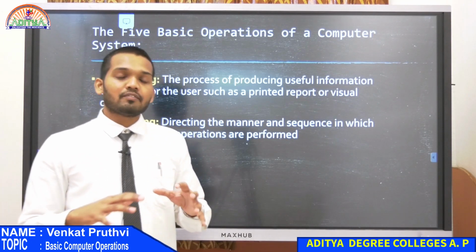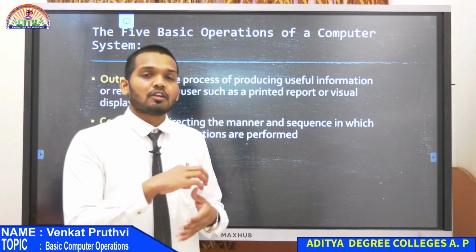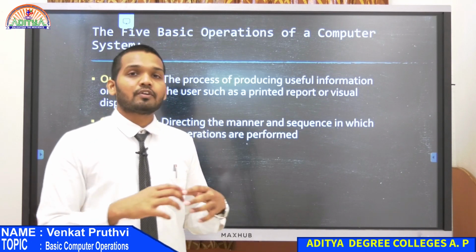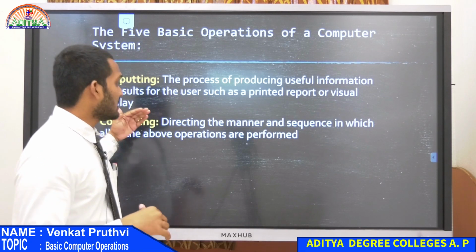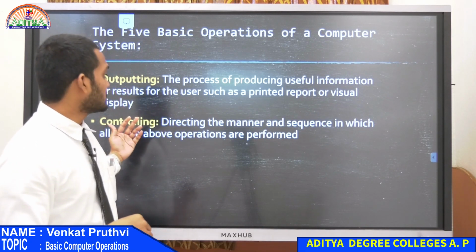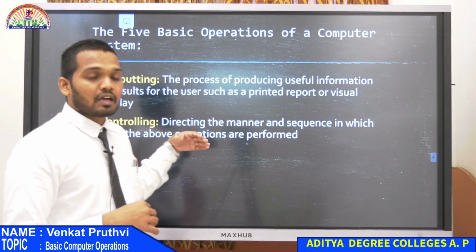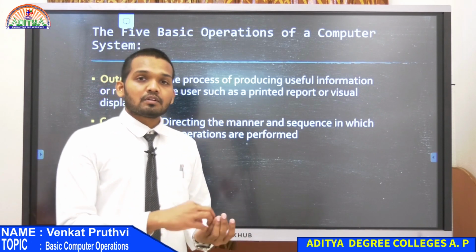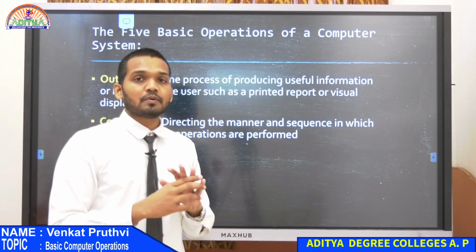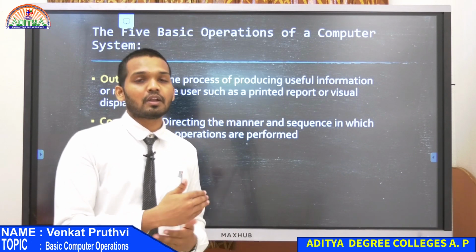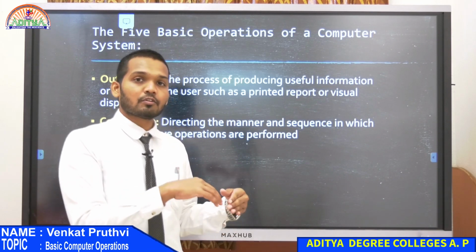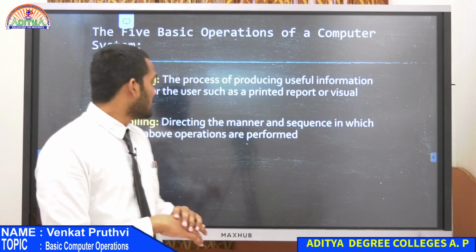So in order to have management or control over all the other units inside the computer, we use something called a controlling function. It tells the input, the processing unit as well as the output, at what time what is required, how it has to act and how it has to coordinate with the other components inside the computer.